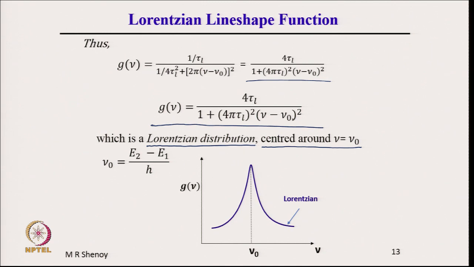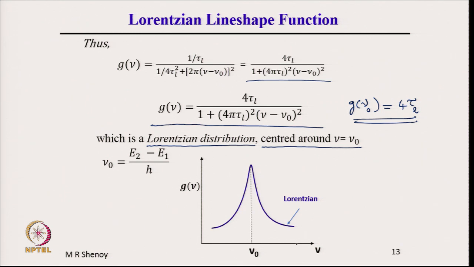When nu is equal to nu 0, the second term here is 0, and therefore, we have g of nu 0, the maximum value, g of nu 0 is equal to 4 tau L. So, it is centered around nu equal to nu 0, and it drops down on both sides symmetrically.